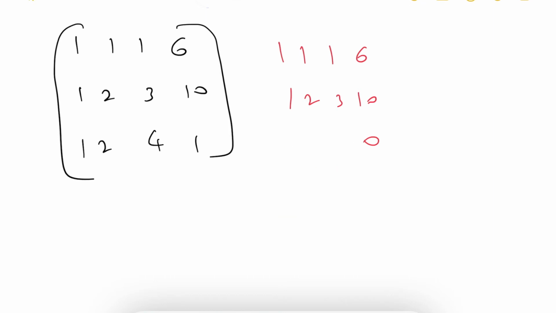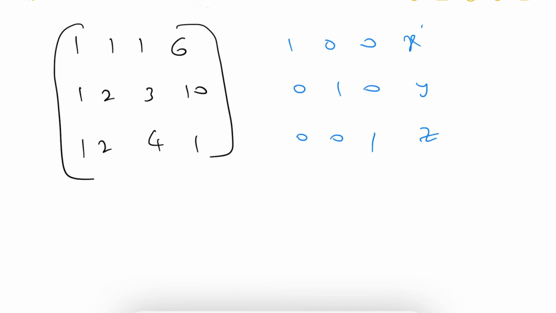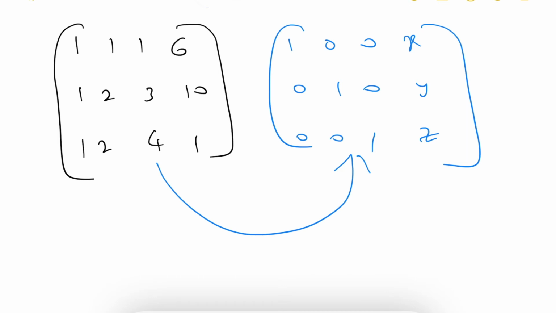Otherwise, I will try to make it into a unit matrix including the fourth column, 1 0 0, 0 1 0, 0 0 1, with something here x, y, z, whatever it may be.